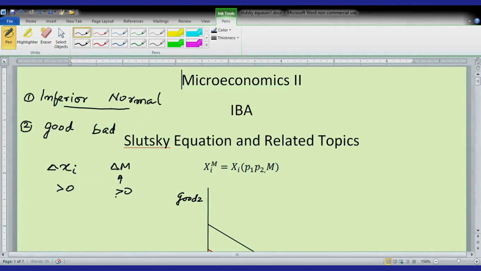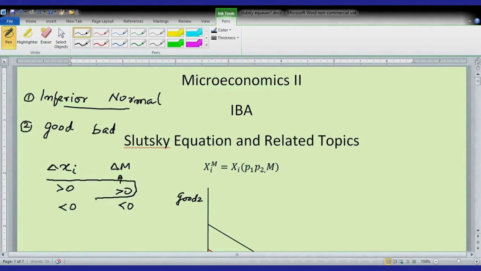And if income decreases, so that this change is less than zero, and side by side consumption of this good decreases as well, this change is also less than zero. So what we see here is that these two changes move in the same direction.